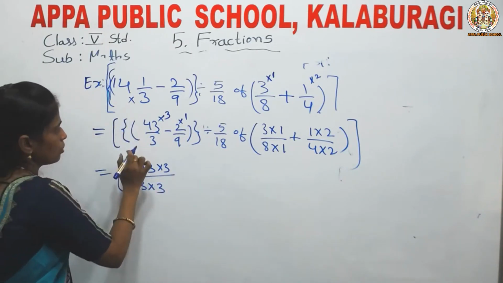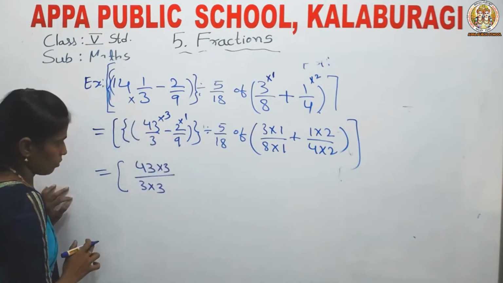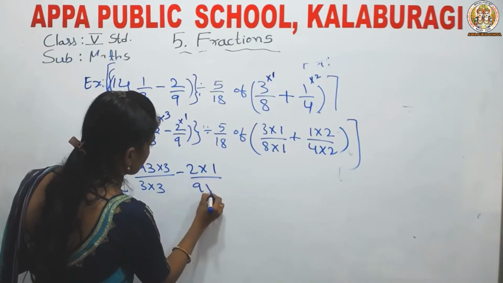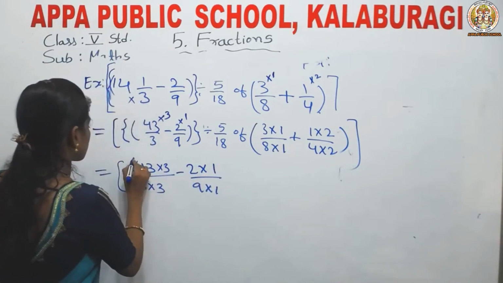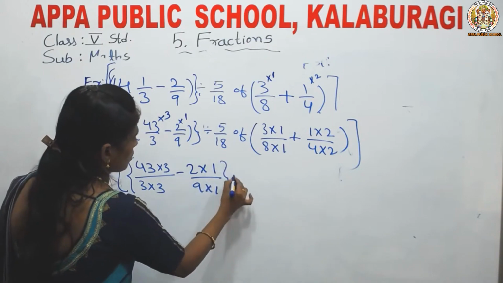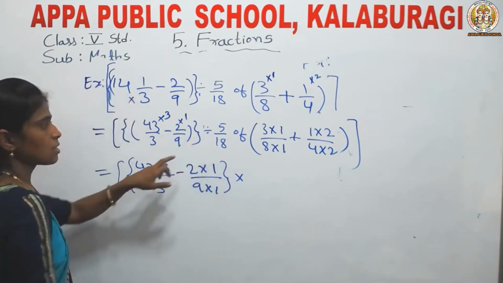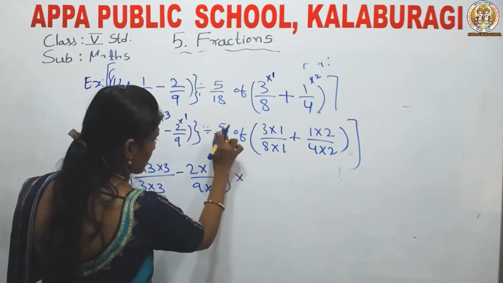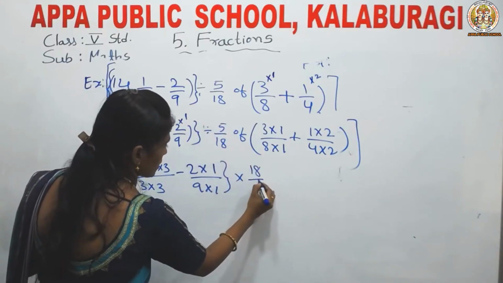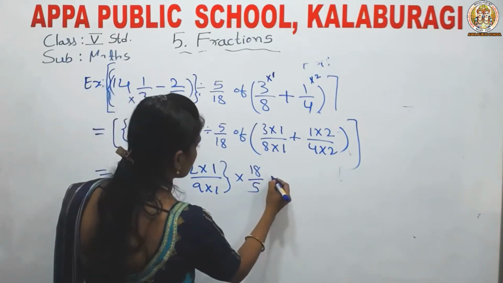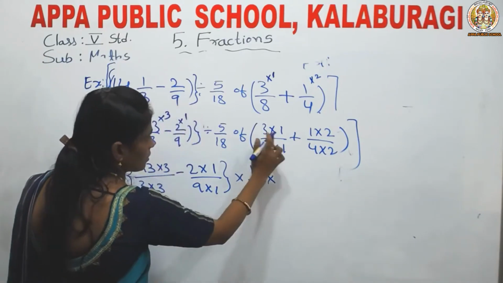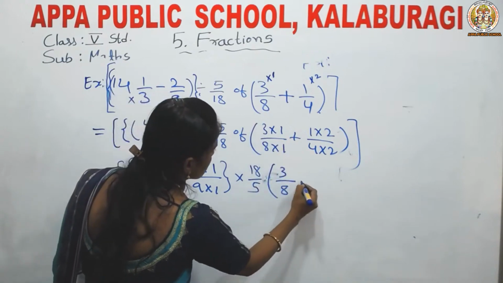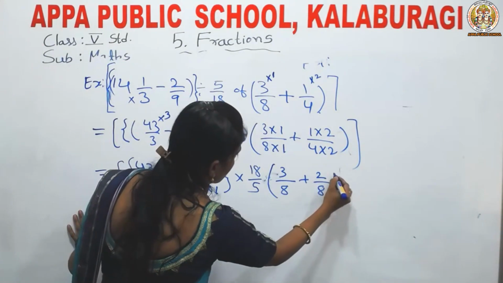Okay. Now within the curved bracket you can solve first. Next 2 into 1 divided by 9 into 1. Now here we change the division sign to a multiplication sign and take the reciprocal of this one: 18 divided by 5, and here 3 divided by 8 plus 2 divided by 8.